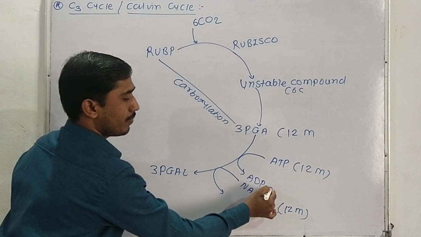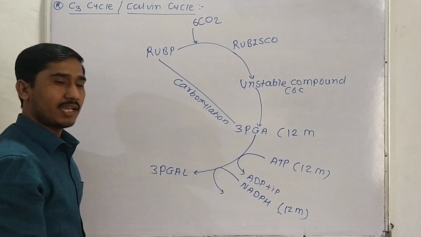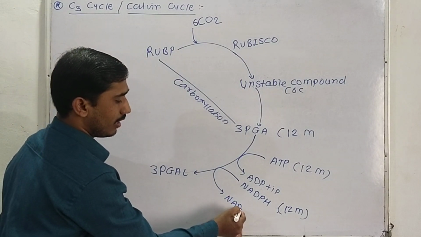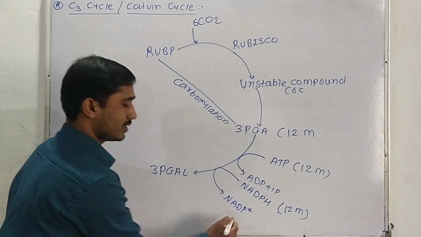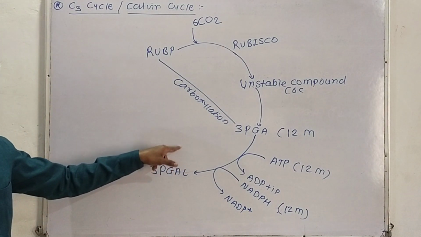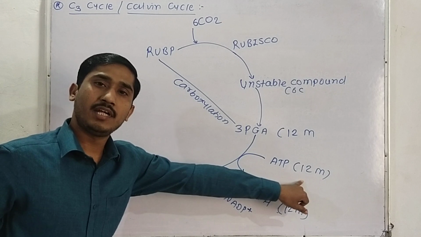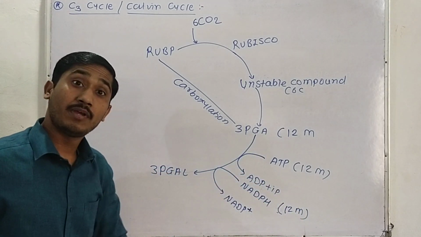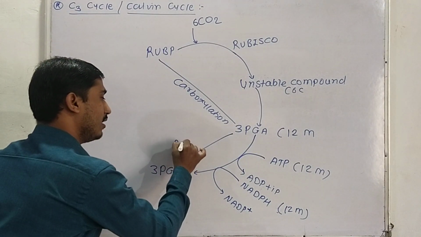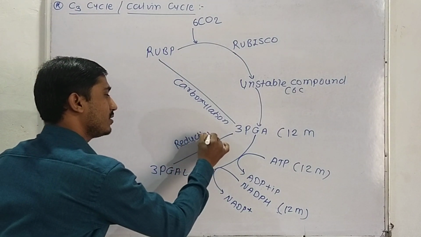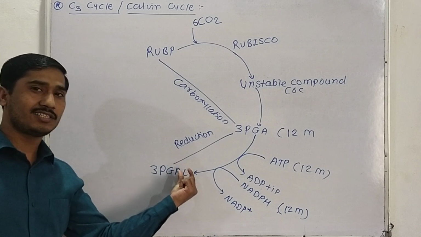After utilization of ATP, there is a formation of ADP plus IP, and here NADP plus. In this step, plants will use 12 molecules of ATP and 12 molecules of NADPH. This step is called reduction. Why is it called reduction?